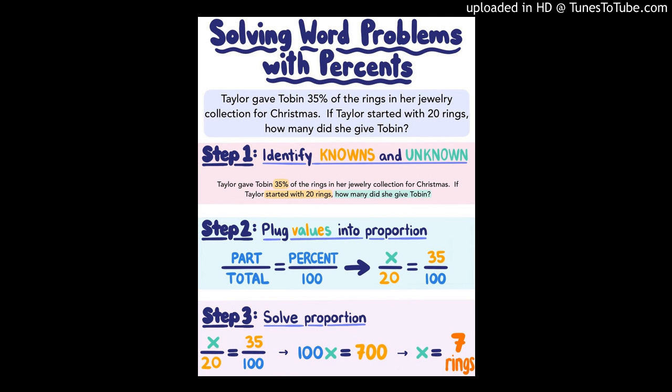P over 100 is equal to 5 over 15. That becomes 15p over 15, which is now equal to 500 over 15. That becomes p is equal to 33.3%.